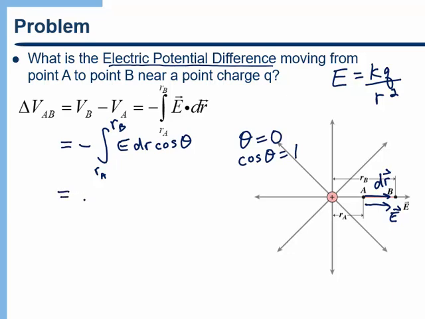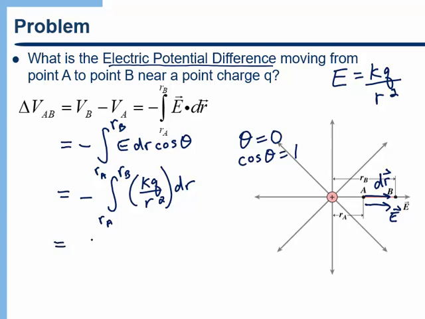So now I'm going to put in negative the integral from RA to RB of KQ over R squared dr. I've gotten rid of the cosine since it's equal to 1, and I've put in what E is.